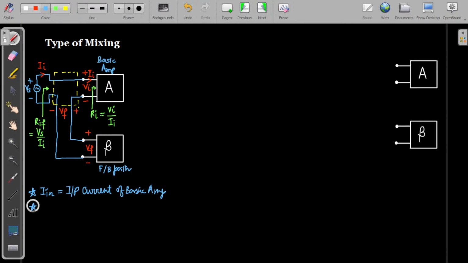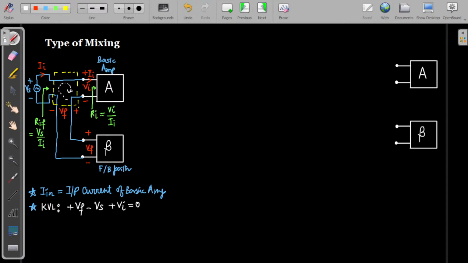नेक्स्ट पॉइंट पे मैं लिख सकता हूँ कि इफ वी अप्लाई KVL हियर, देन यू कैन सी कहाँ पे KVL अप्लाई करना है. यू हैव टू अप्लाई KVL एट दिस पॉइंट. ये वाले नोट पे आप KVL अप्लाई कर दीजिए. सो इफ यू अप्लाई KVL हियर, सो व्हाट विल बी द इक्वेशन. सो KVL इक्वेशन एट दिस पॉइंट विल बी प्लस VF माइनस VS प्लस VI equals to 0.